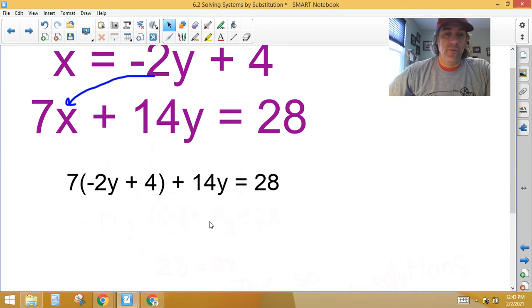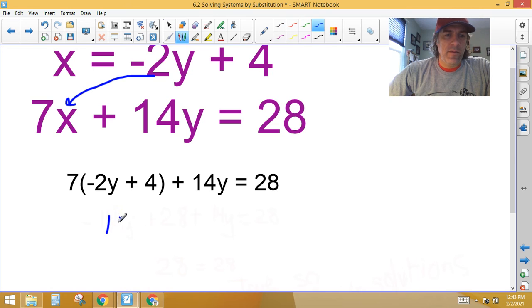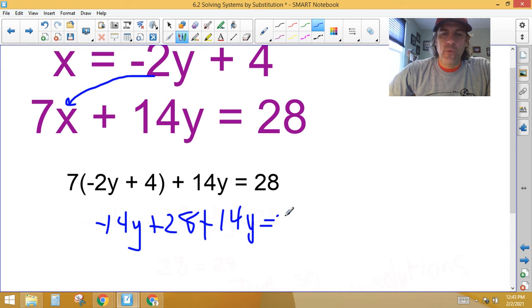I'm going to distribute, and I'm going to get negative 14y plus 28 plus 14y. That equals 28. And now I want to combine my like terms.